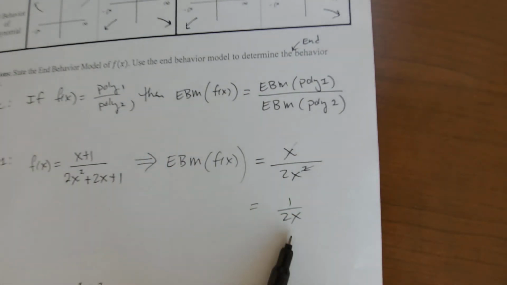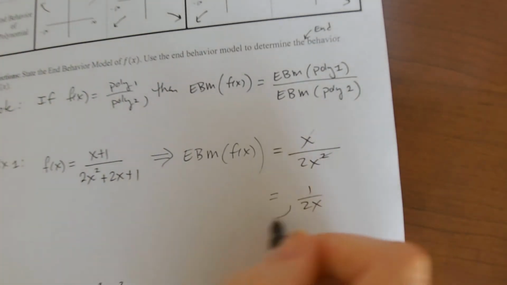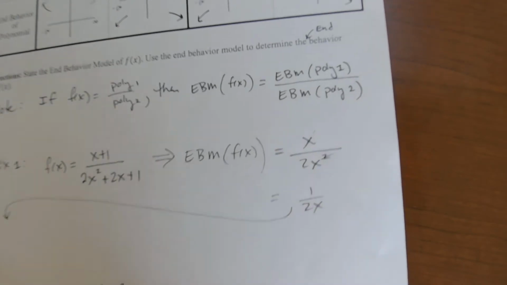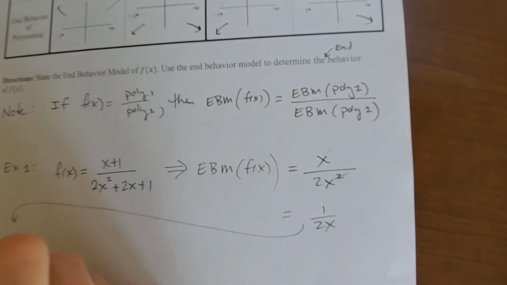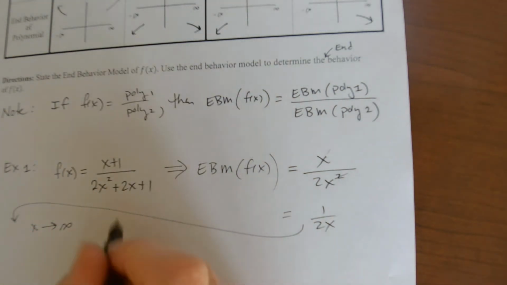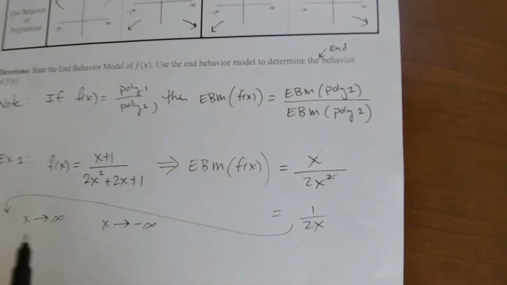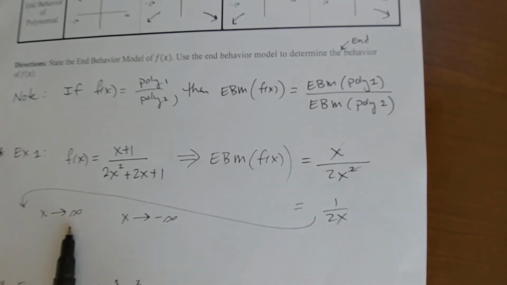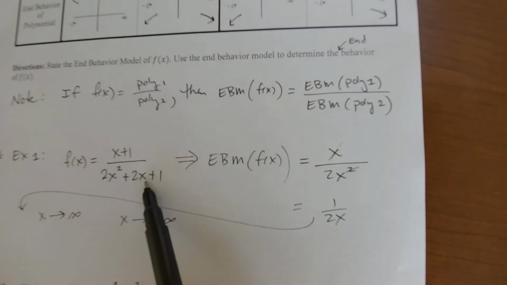And we use it to find the end behavior. So use the end behavior model to determine the end behavior. For this part, guys, we're going to use arrow diagrams. End behavior means as x approaches infinity and as x approaches negative infinity. As x approaches infinity, think of 100, 1,000, 10,000, 100,000 going in for x.